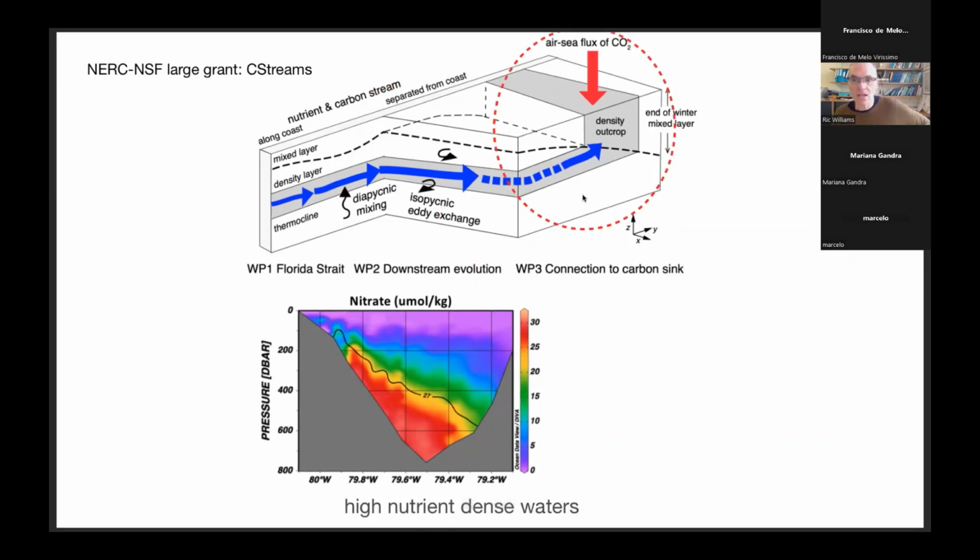And then lastly, looking at the downstream outcomes of that, looking at what happens when those properties outcrop and how that affects the downstream uptake of carbon.